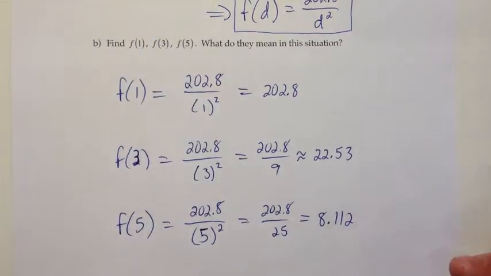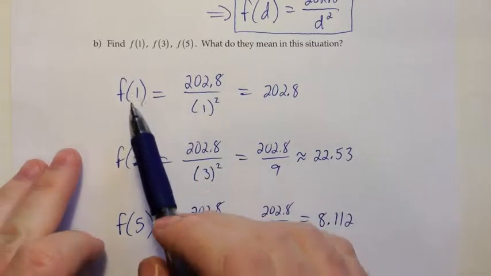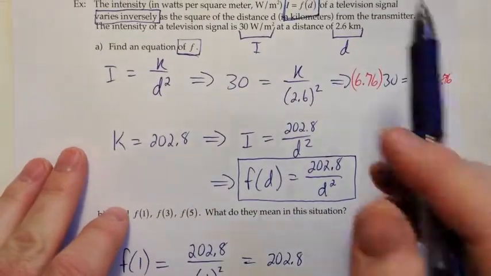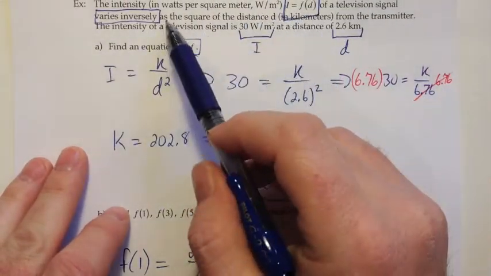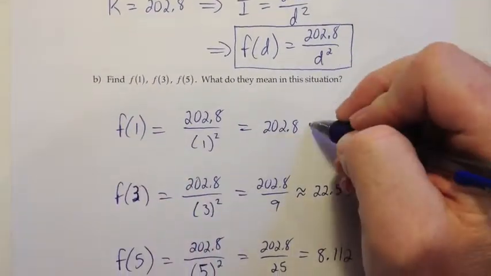So there's evaluating all the functions, but I didn't do anything at all with the question of what do those mean. And I think the first step in figuring out what they mean is to think about the units. And so let's see, we were figuring out values of f. F was the intensity, and the intensity is measured in watts per square meter. So I'm going to go ahead and put those units on.